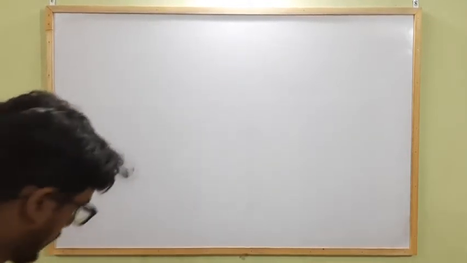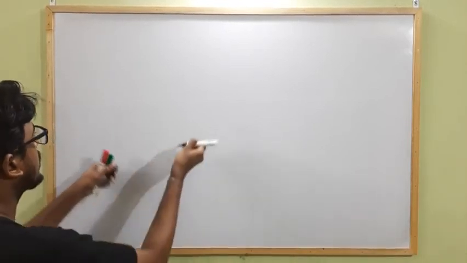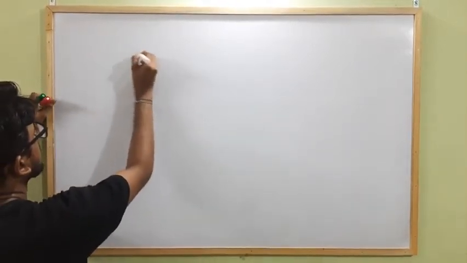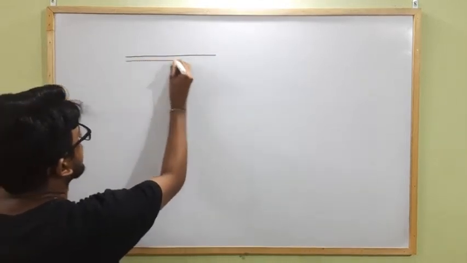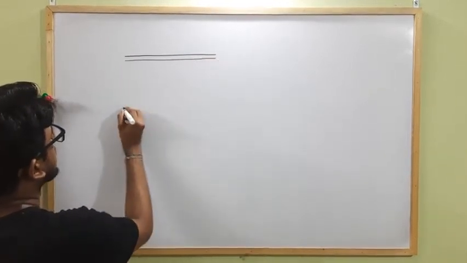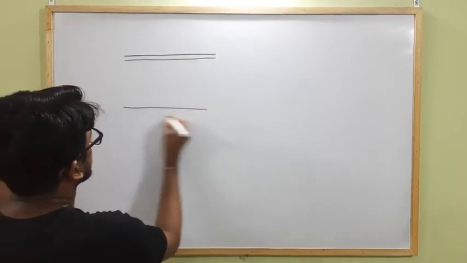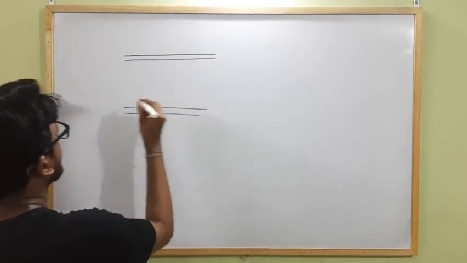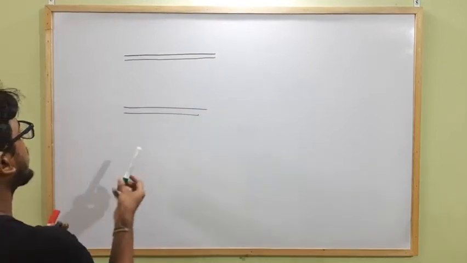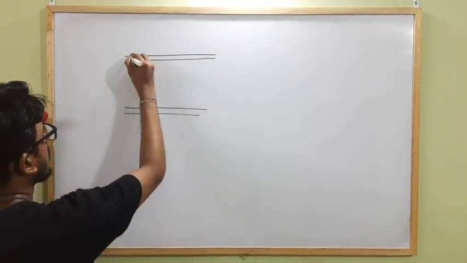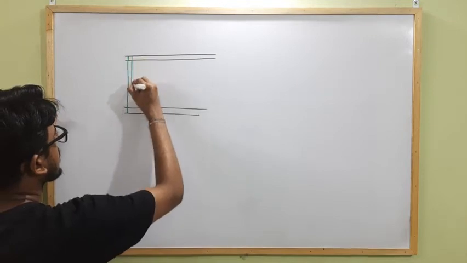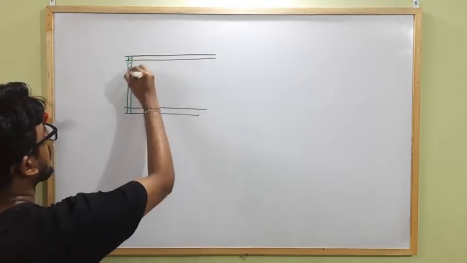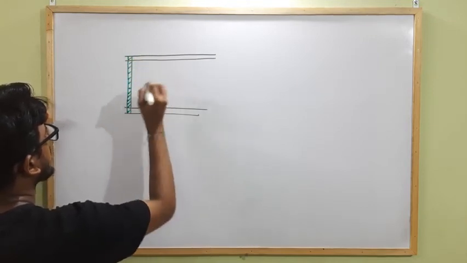Okay, now do another interesting numerical. There is a rail or track on which a metallic conductor is placed. Okay, this is a metallic conductor placed over this track.